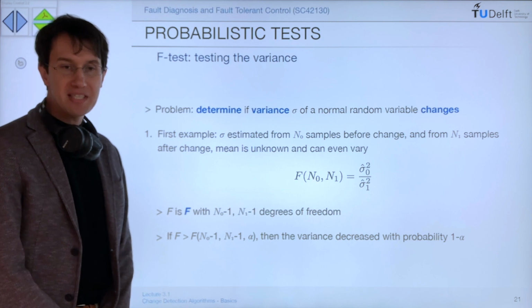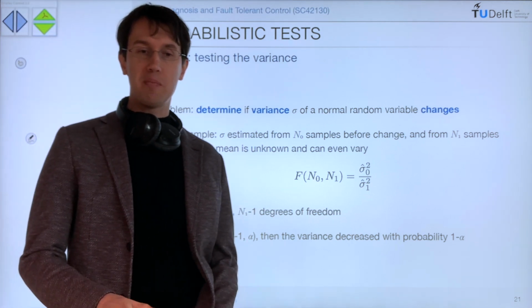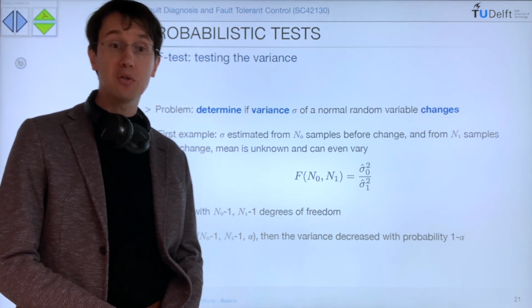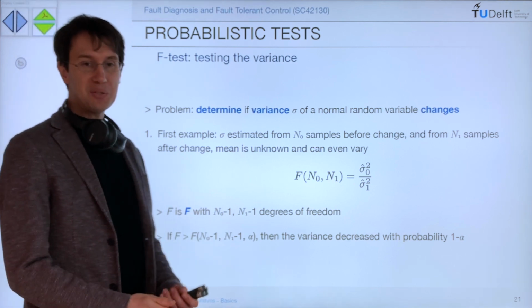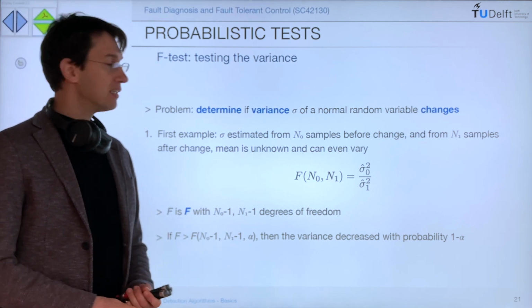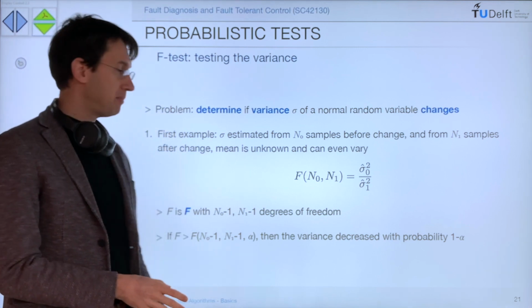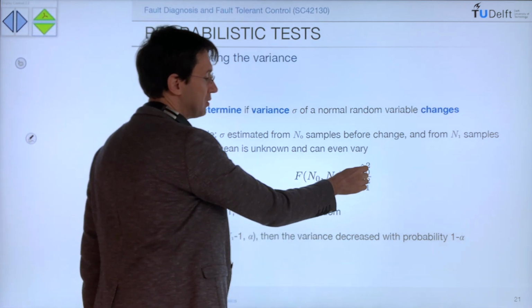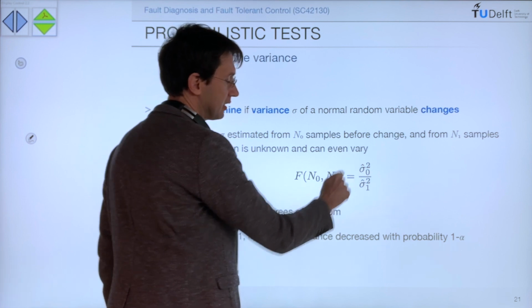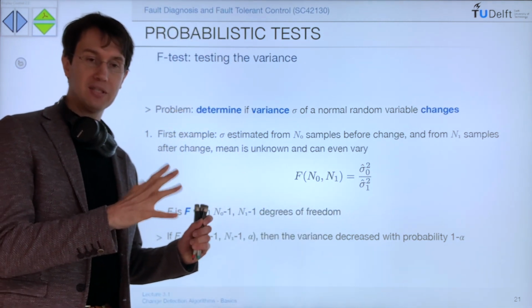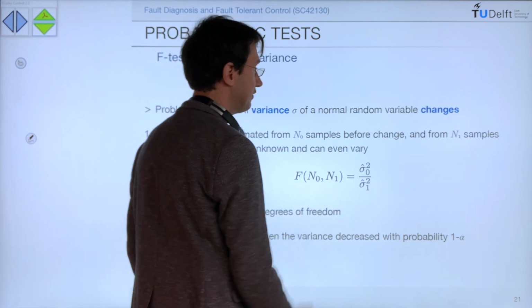Okay, but what happens if we don't know the nominal value of the variance and we need to compute it from data? We can do that, and we get yet another test that is called the F-test. So the F-test is based on the ratio between the empirical variance before and the empirical variance after.